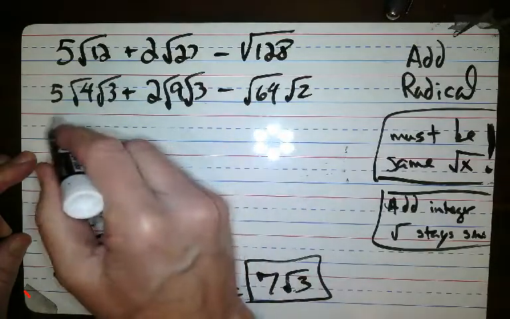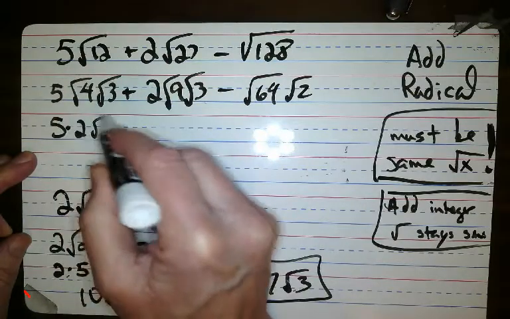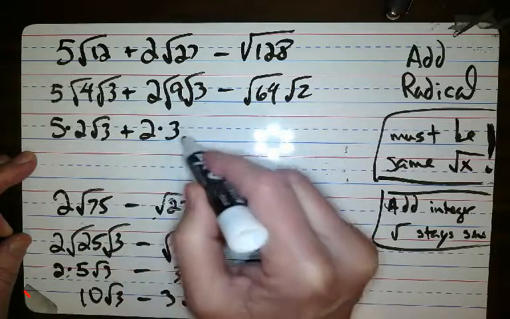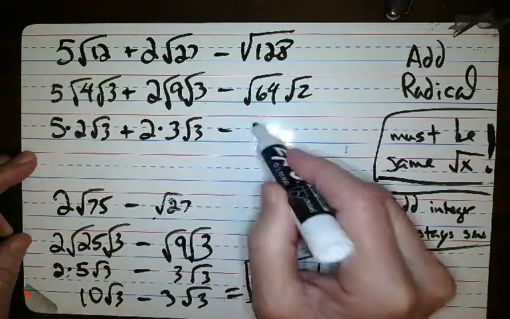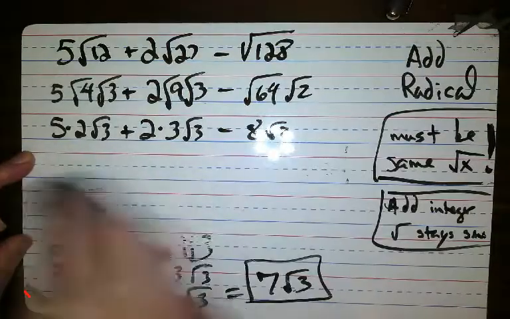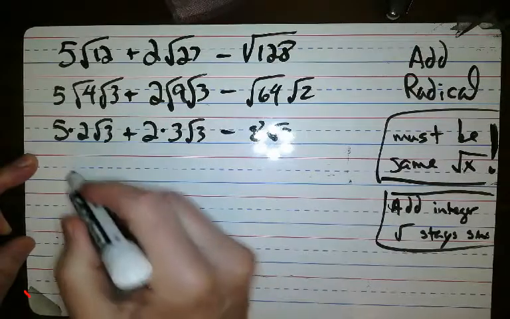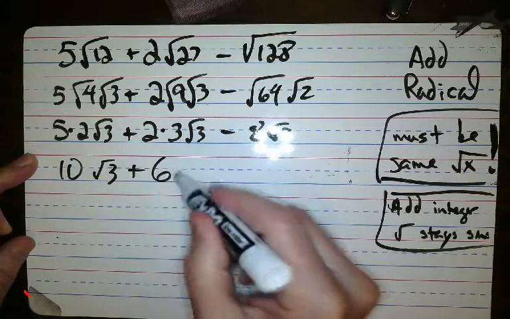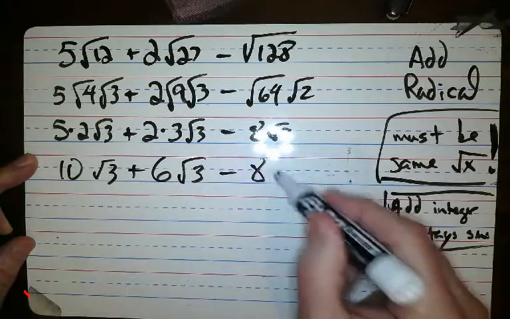This is 5 times 2 radical 3. This is 2 times 3 radical 3. And this is 8 radical 2. No problem. So 10 radical 3 plus 6 radical 3 minus 8 radical 2.